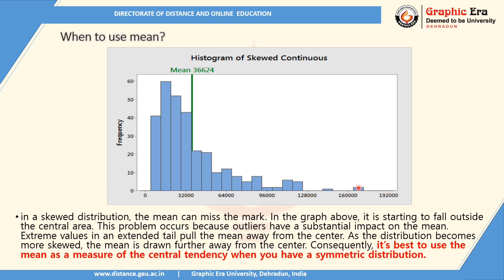If we stretch the data so far, then this mean will also stretch or go beyond the mid value. Consequently, it is best to use the mean as a measure of central tendency when you have a symmetric distribution. So we can find mean only in terms of a symmetric distribution.